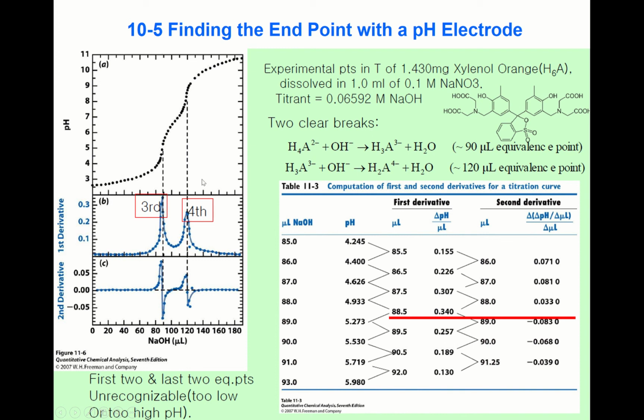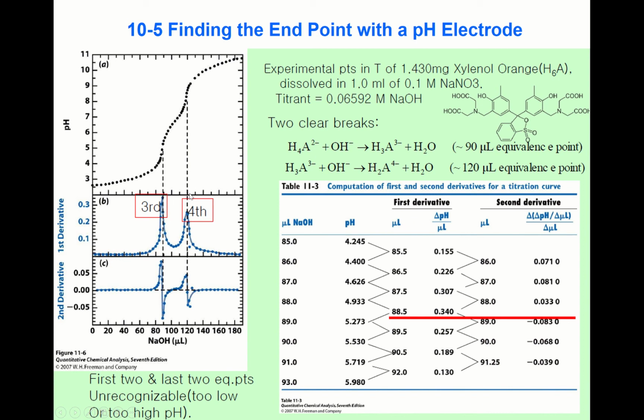But how do you know this is the third and fourth? We can know from this titration curve. Look at the third equivalence point. What's the volume here? If we follow here, it is 90 microliters. And for the fourth equivalence point, you have to add 120 microliters. So the difference is 30 microliters.